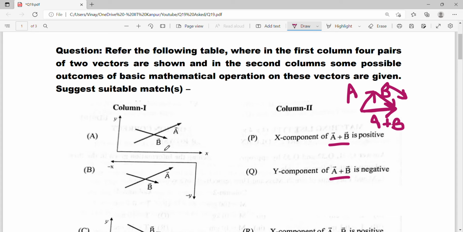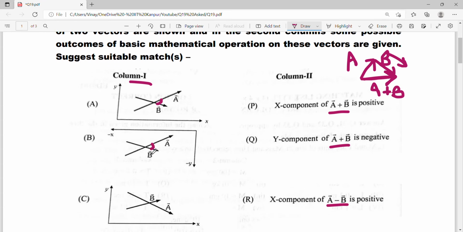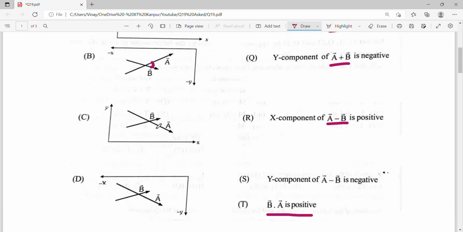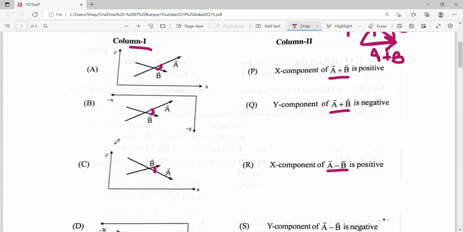In every option in column 1, a, b, c, d, you will find that the angle between a and b is acute. Theta is less than 90 in every option. So if theta is less than 90, cos theta is going to be positive, right? So T option is going to be correct for each and every option. So T is going to be everywhere.